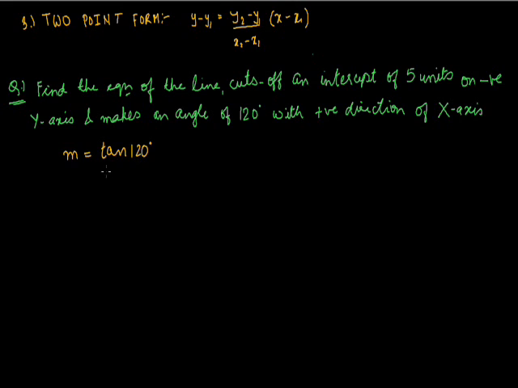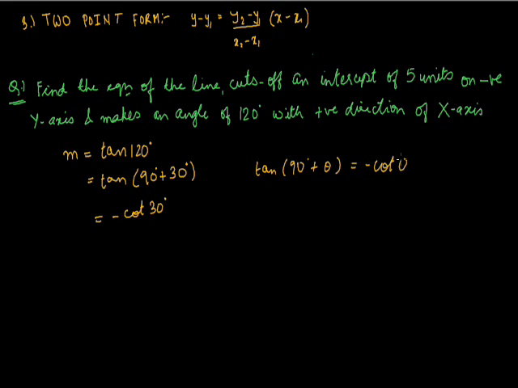Now the slope formula when the angle is given is equal to tan of 120. The value of tan 120 can be addressed like 90 plus 30 makes 120 degrees. Now tan of (90 plus 30) is equal to minus of cot 30 degrees, as we know the formula that tan of (90 degrees plus theta) is equal to minus of cot theta.